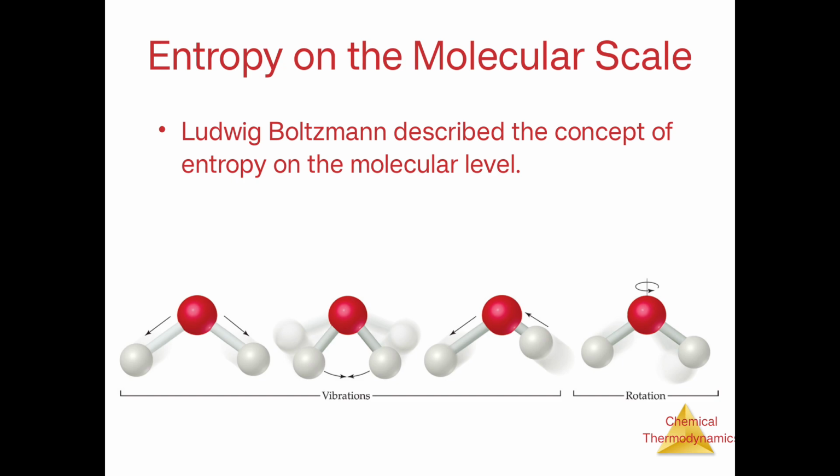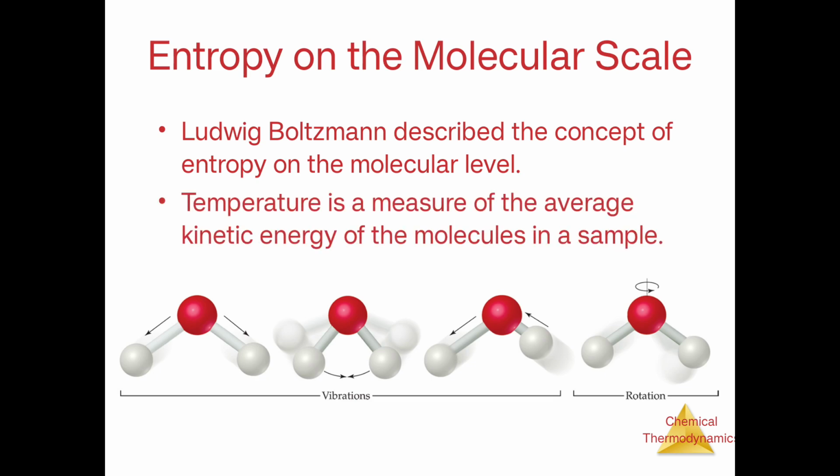a well-known physicist, described the concept of entropy on the molecular level. The simplest way to understand it is that temperature is a measure of the average kinetic energy of molecules in a sample. That is how he described his theory. Temperature is a measure of the average kinetic energy of molecules in a sample.